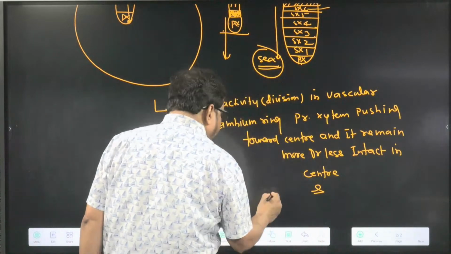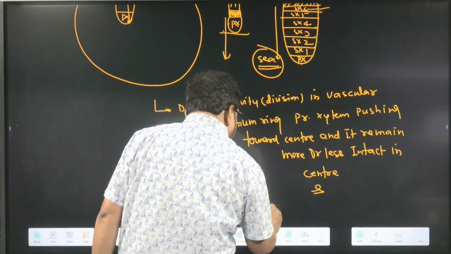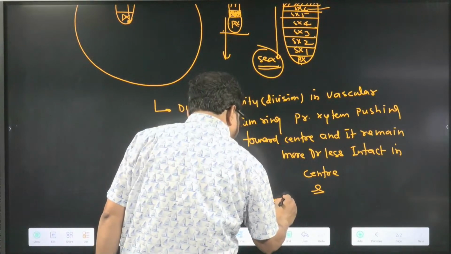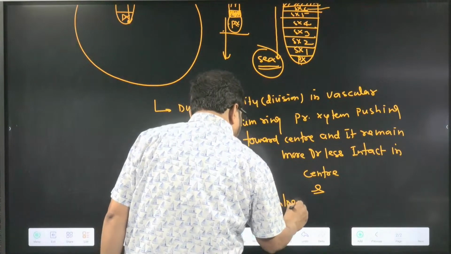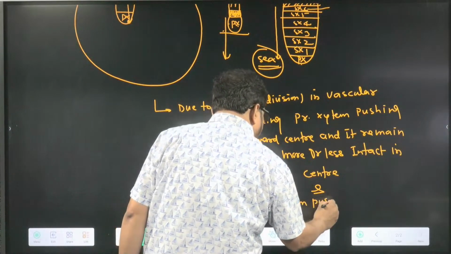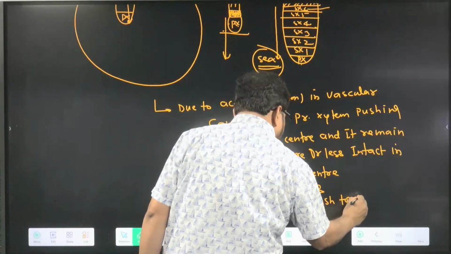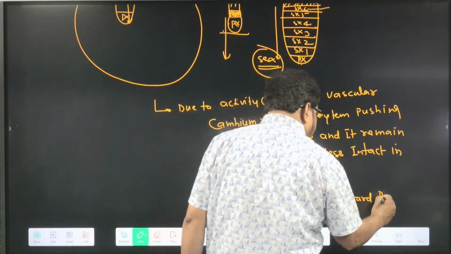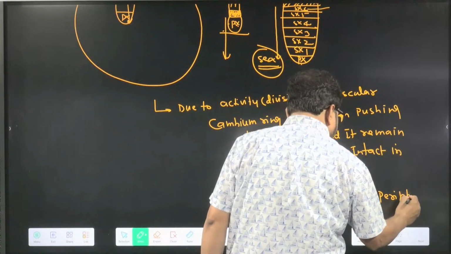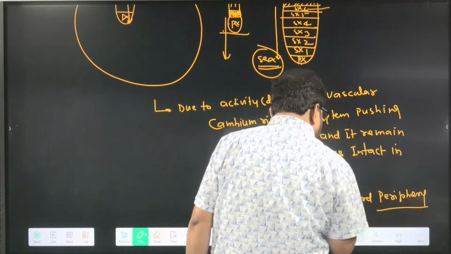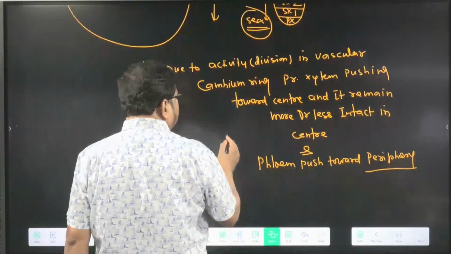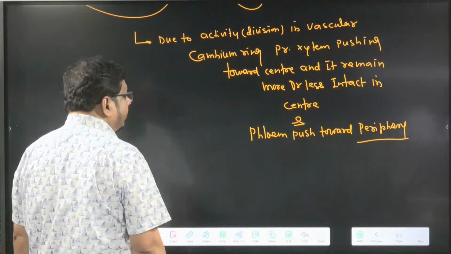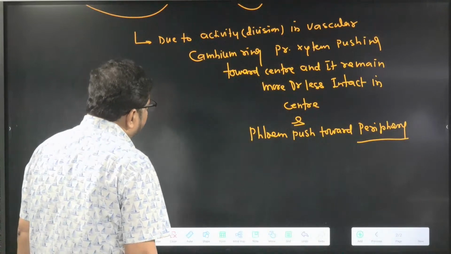And primary phloem is pushed toward the periphery. Who is pushing toward the center? Xylem. And who is pushing toward the periphery? Phloem.